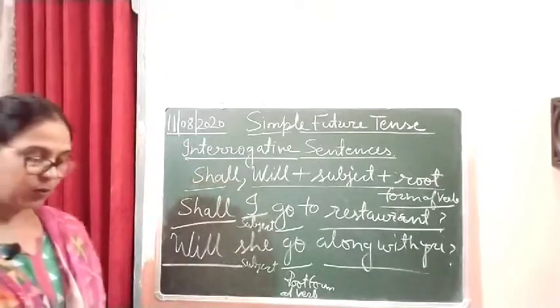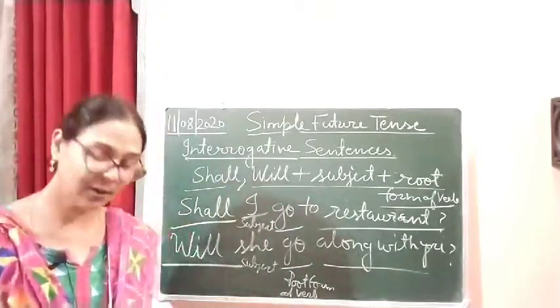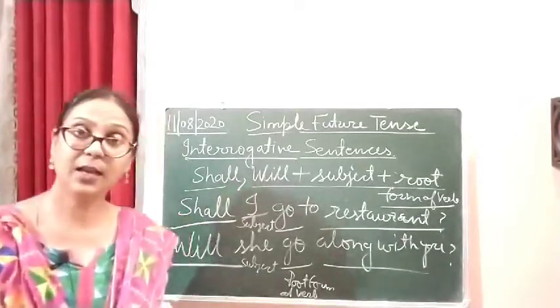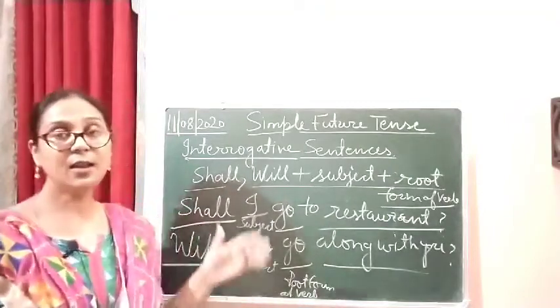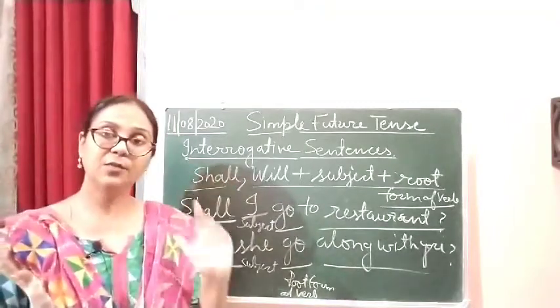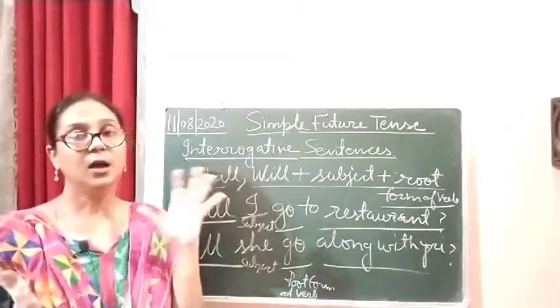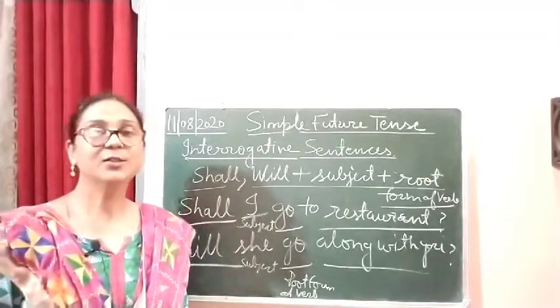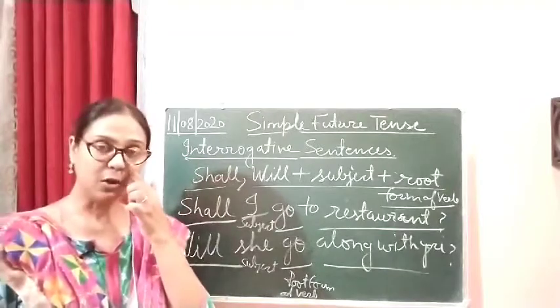Now we are moving to solve some exercises based on this. We discussed yesterday how to make negative sentences in simple future tense. We just add not there. In short form we can say won't, shan't.